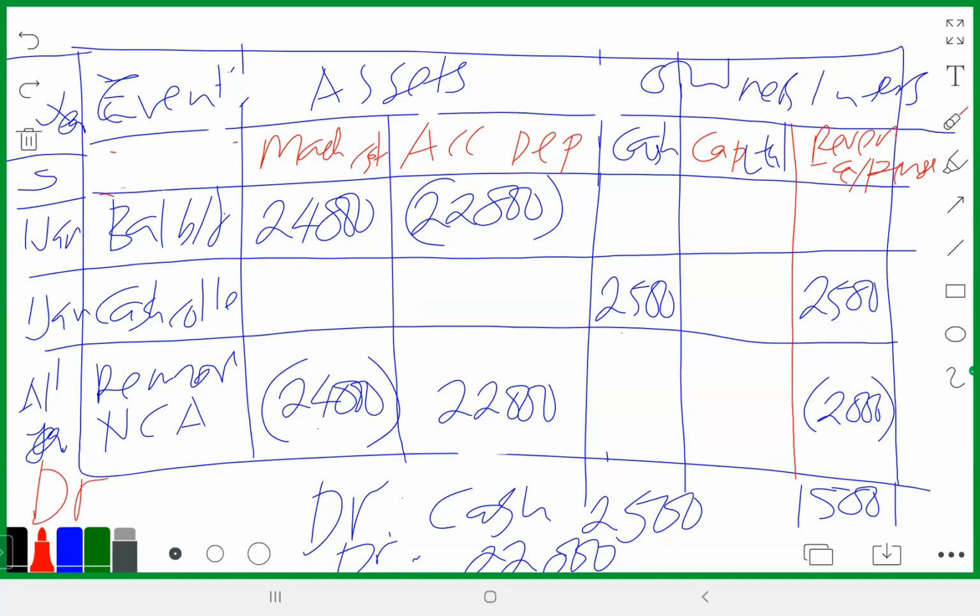We say that what is debited are all the expenses, all the assets and all the losses. That's why if you check your trial balance, you find accounts such as the cash account, all the asset accounts, on the debit side.